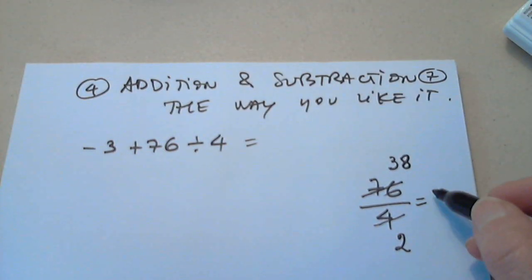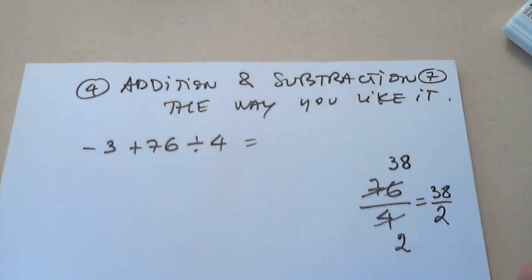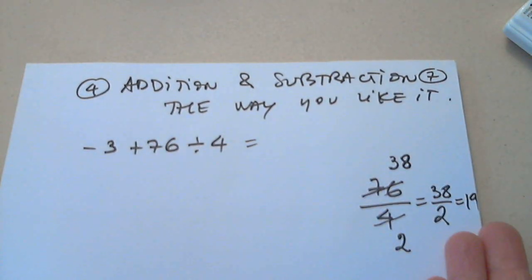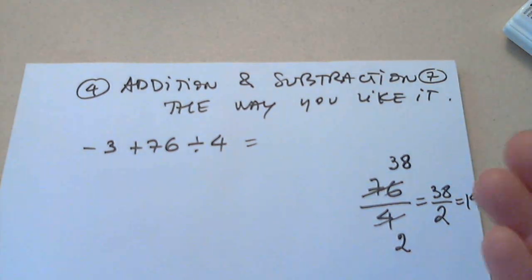So this is the same as 38 divided by 2. Now this is easier, and I know it's 19. So this is one way. This is what I recommend, because in this case, this division is an integer, but this is not going to happen too often. So this is the best way to simplify.